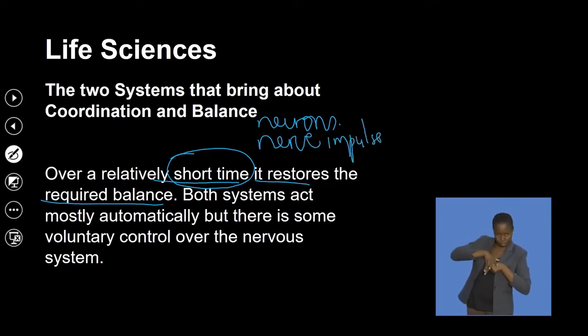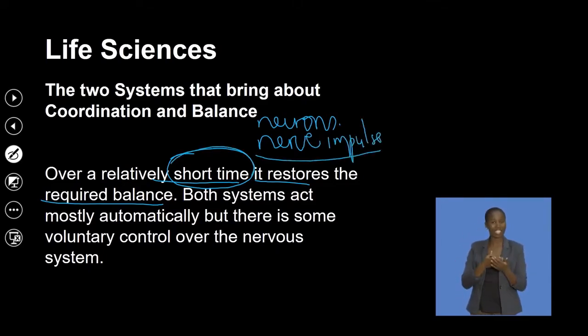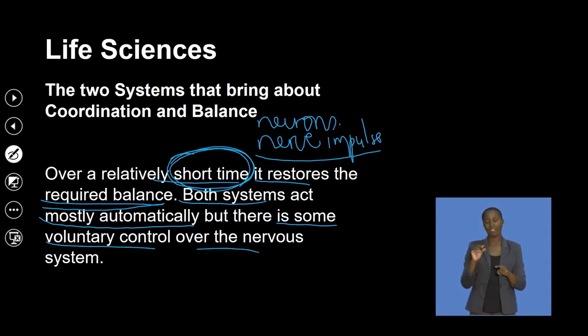These impulses can bring about a change in a short time, and this restores what we call the required balance. Both systems act mostly automatically, but there is some voluntary control over the nervous system.